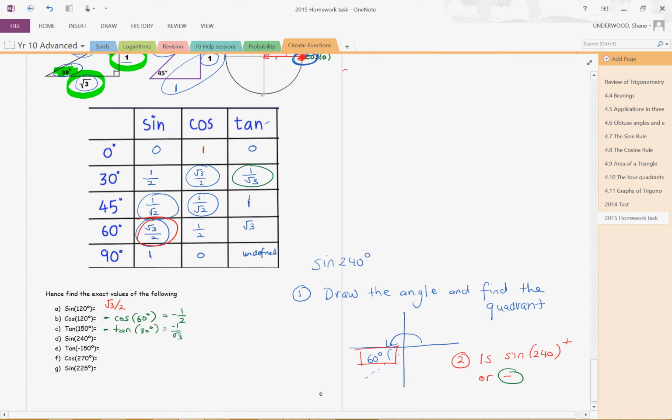Okay, so we've now identified that it's in the third quadrant, that sine is negative. We've found the reference angle. So therefore, that's why we do this, because we track it back to the first quadrant, and we can say that sine of 240 degrees is equal to the negative sine of 60 degrees, which is equal to negative root 3 on 2.